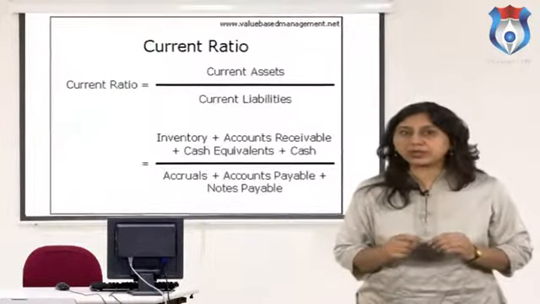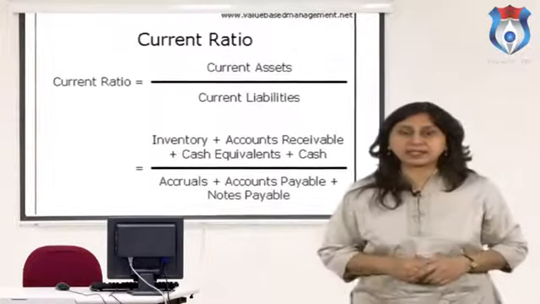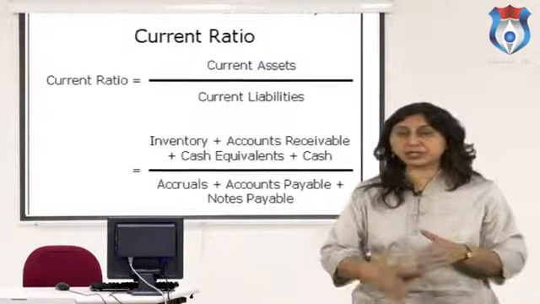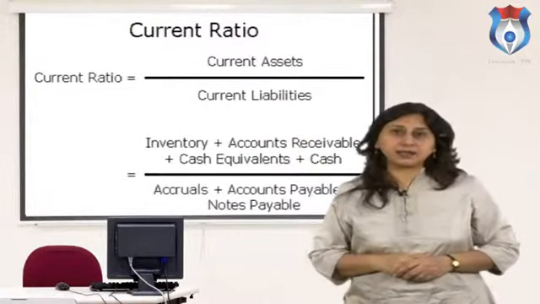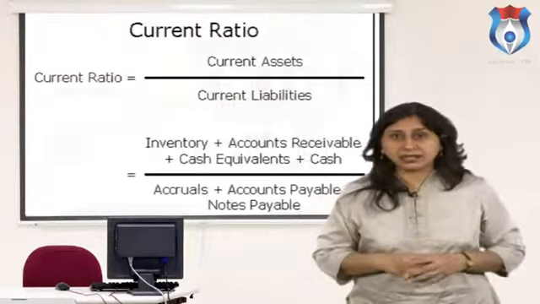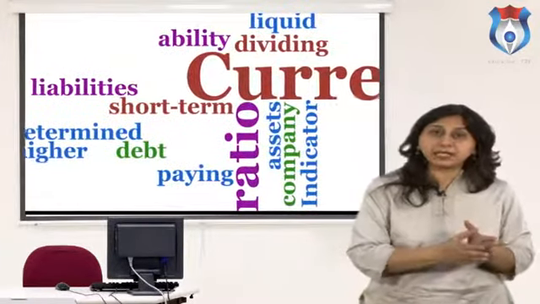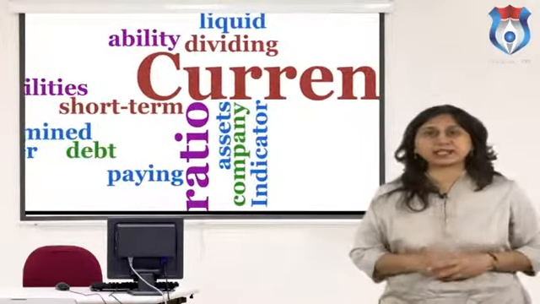The current ratio is the ratio of current assets to current liabilities. Current ratio is equal to current assets divided by current liabilities. The current ratio is the most basic liquidity test. It signifies a company's ability to meet its short-term liabilities with its short-term assets.